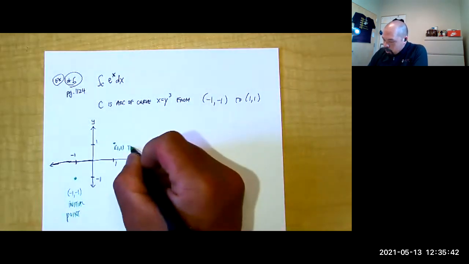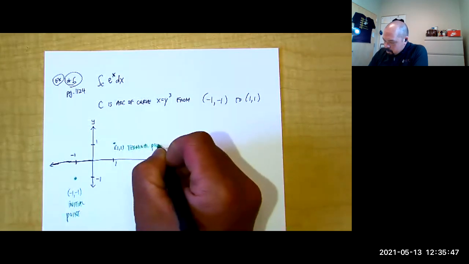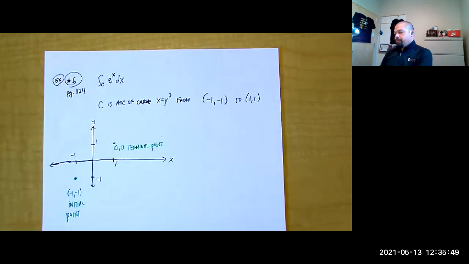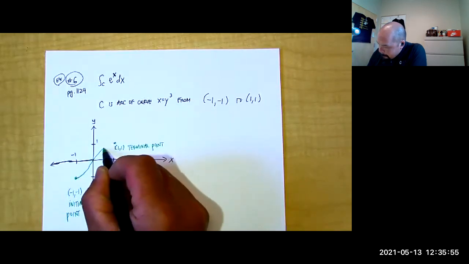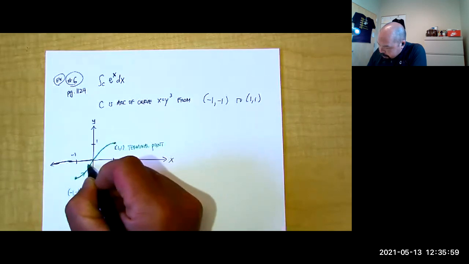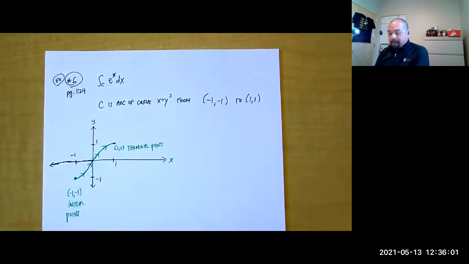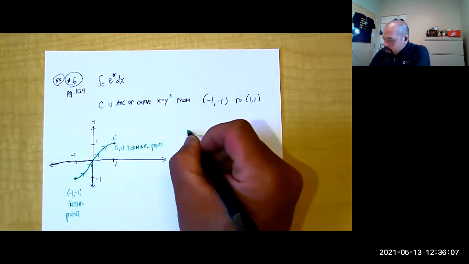There's my terminal, my final point. Okay. So as we start to go through, this is going to look something like so. Again, maybe not perfect, but we're starting and working along that pathway. All right, so there's our arc C.